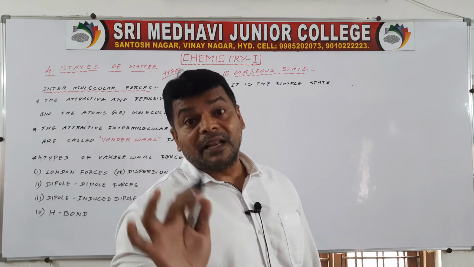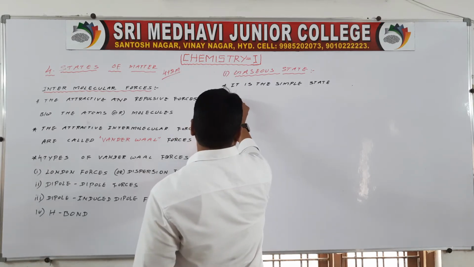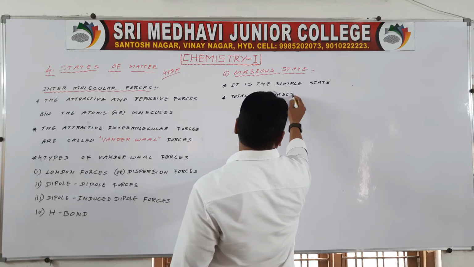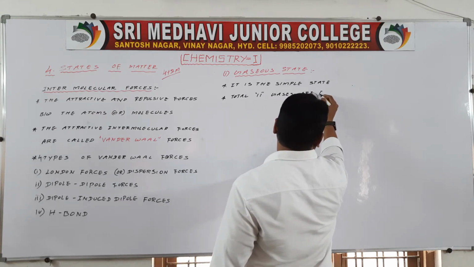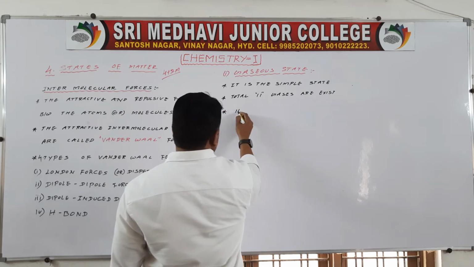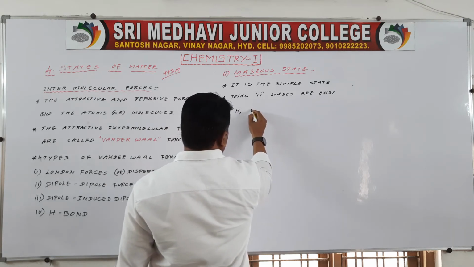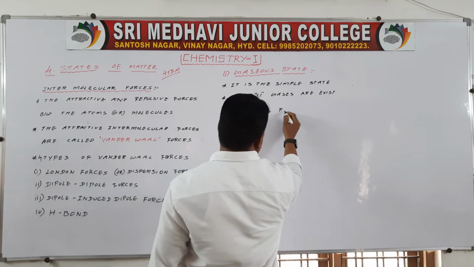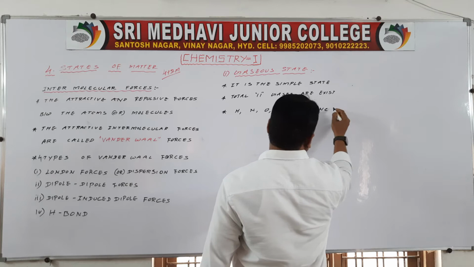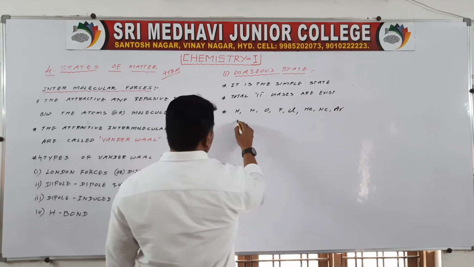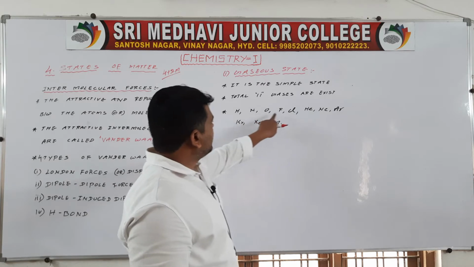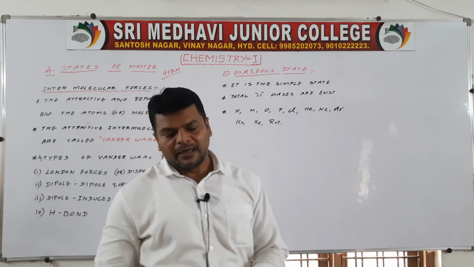Out of 118, 11 gases exist. They are hydrogen, nitrogen, oxygen, fluorine, chlorine, helium, neon, argon, krypton, xenon, and radon. 1, 2, 3, 4, 5, 6, 7, 8, 9, 10, 11 gases exist.